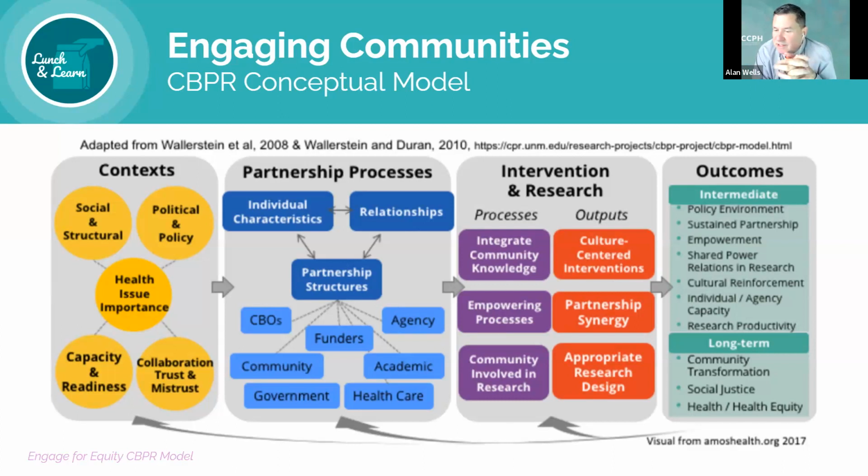In the outcomes, we look at intermediate and long-term. You may impact a policy environment. You may look at sustaining the partnership over time, making mentoring, making people feel empowered by the research partnership. In many collaborations I've been in, I'll see people who now have PhDs and master's degrees who are community members who were engaged in research and became administrators and researchers themselves.